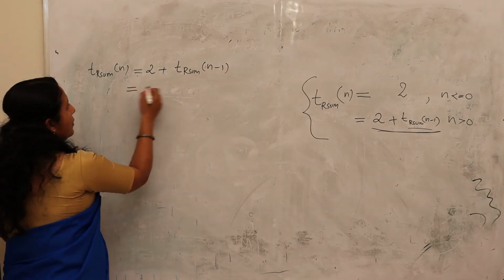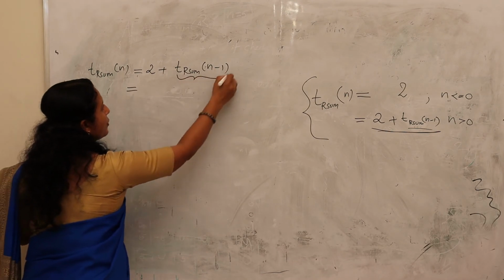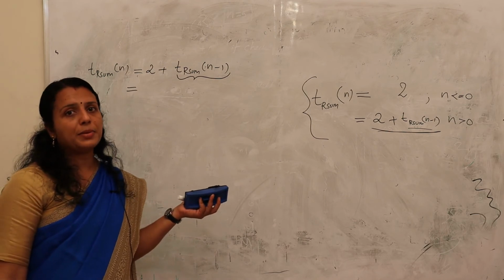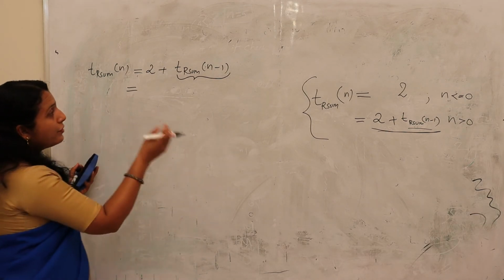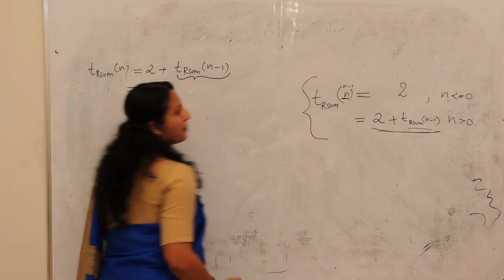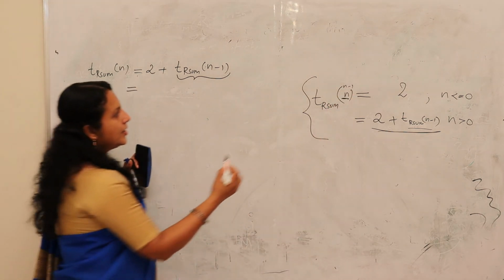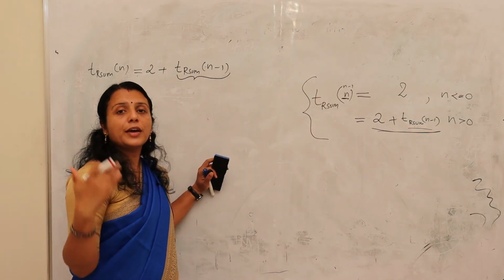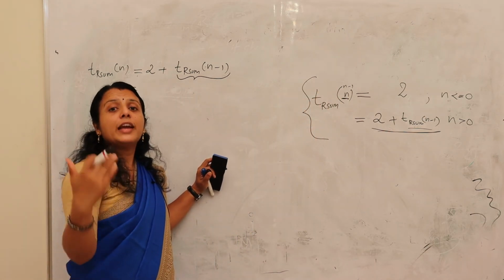Okay, and when this TRsum of n minus 1 is expanded, what happens? That means you have to replace this n with n minus 1. Wherever you find n, you have to replace that n with n minus 1.